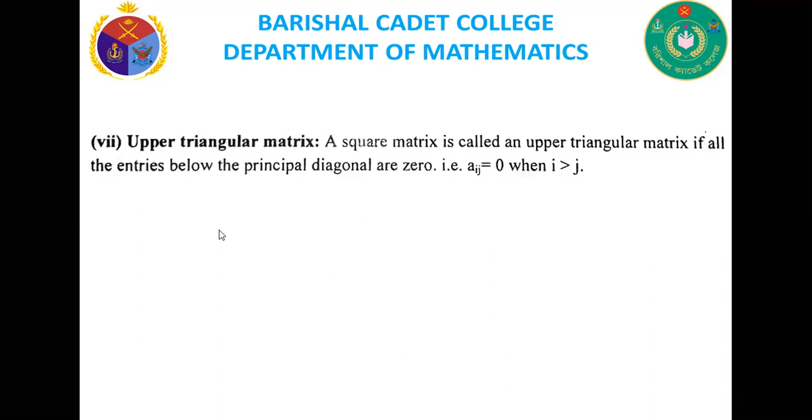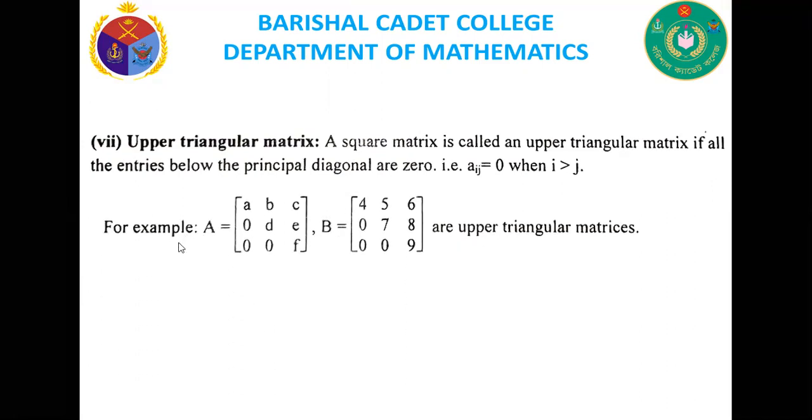Now, upper triangular matrix. A square matrix is called an upper triangular matrix if all the entries below the principal diagonal are 0. That is, a_ij equal to 0 when i is greater than j. For example, here you can see that all the elements a, b, c, d.